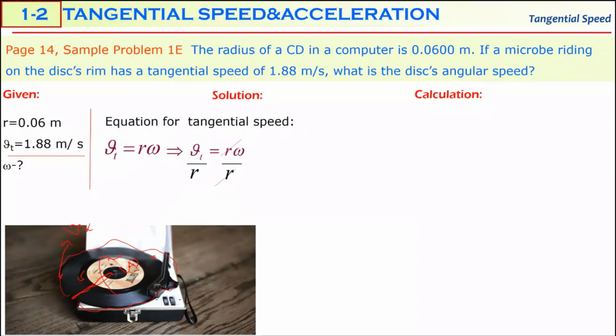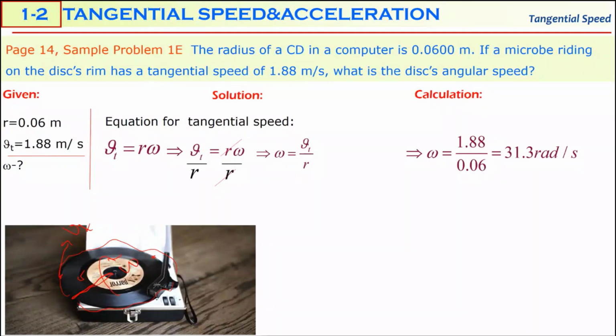Omega is equal to Vt, the tangential speed, divided by R. Tangential speed is 1.88, R is 0.06 meters. Divide them. Then this CD is rotating with an angular speed of 31.3 radians per second. This is the answer to this question.